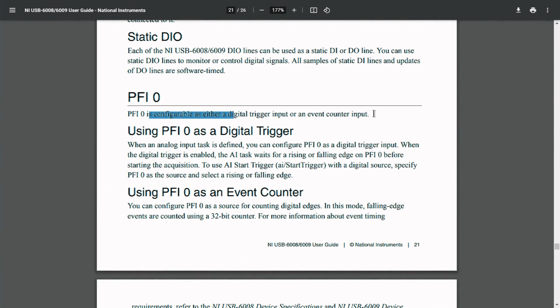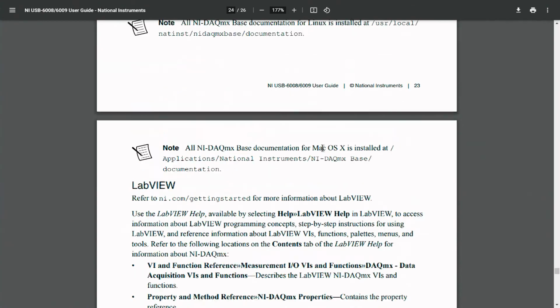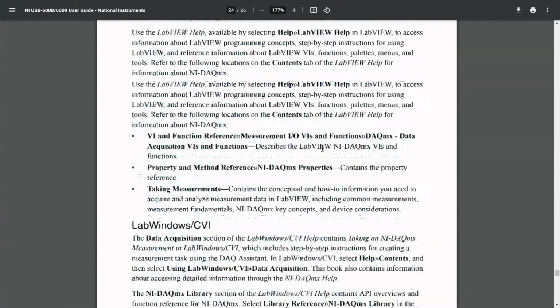So this terminal can be used as a triggering input or a counter input. In case you want to measure how many pulses have been achieved, or at this triggering input need to activate some other circuit, it can be used as a trigger terminal or as an event counter. So this is the information about the USB DAQ.